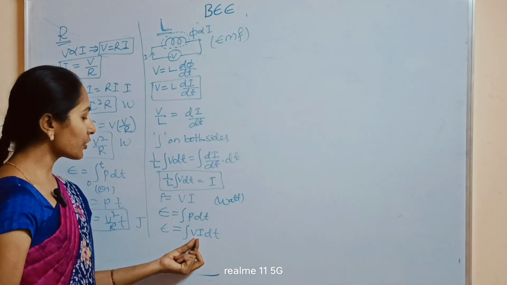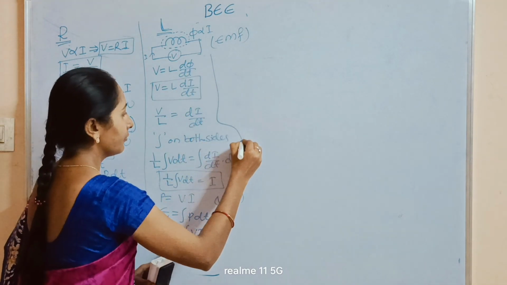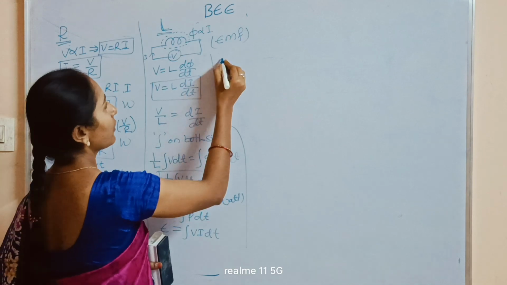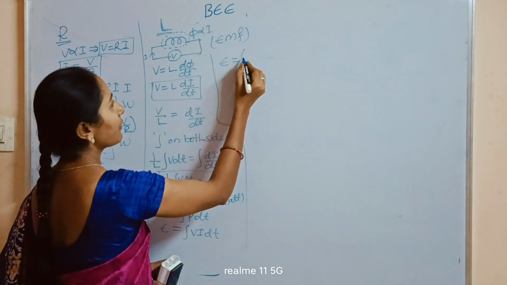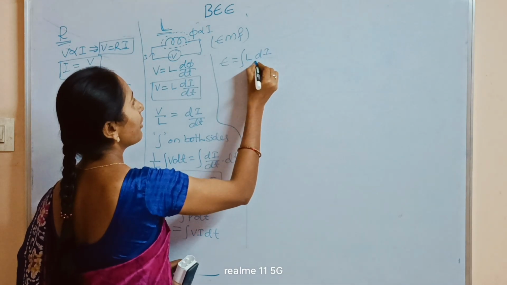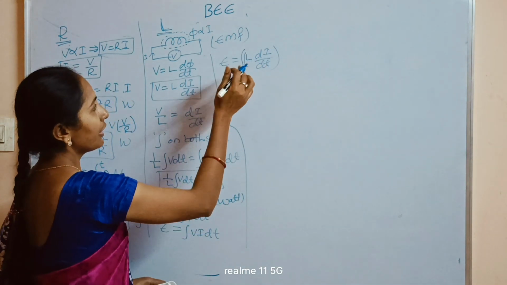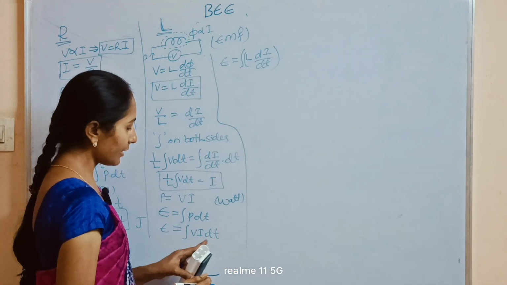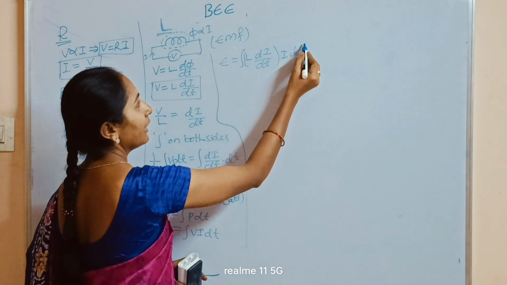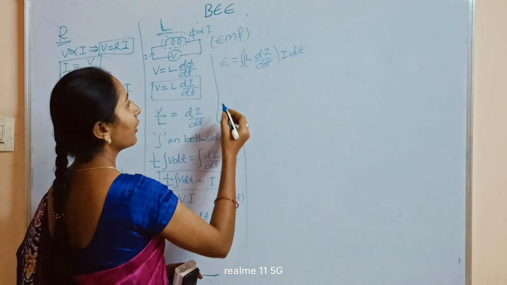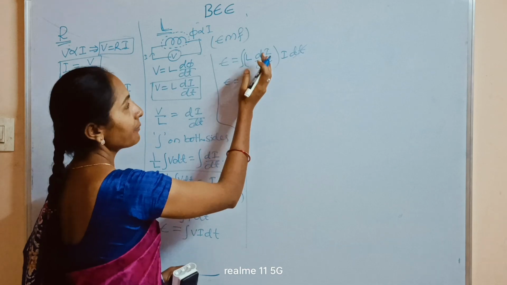Now I am substituting the V value here. V is nothing but L into di by dt, and already we have I into dt. So the dt gets cancelled.